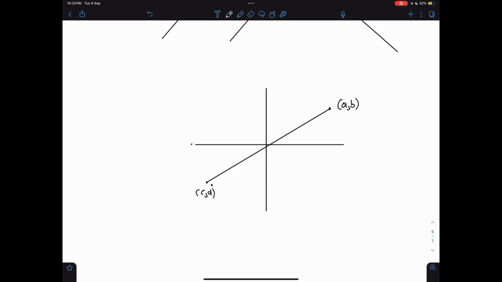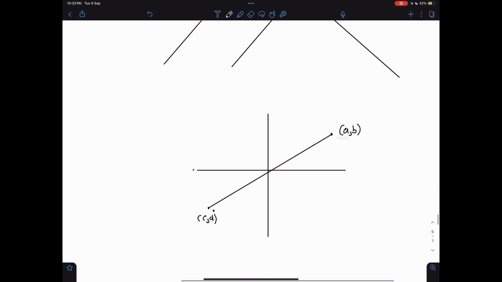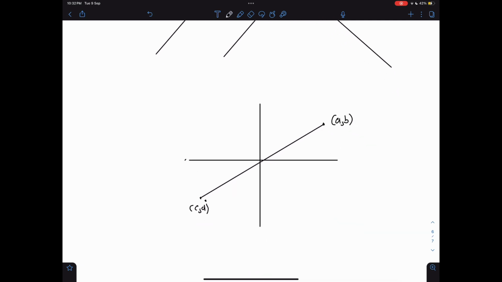But what if we instead tried to do the height of A instead.